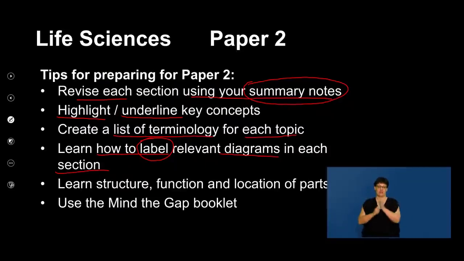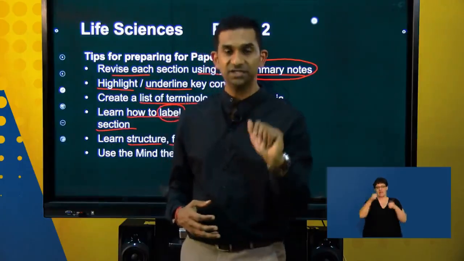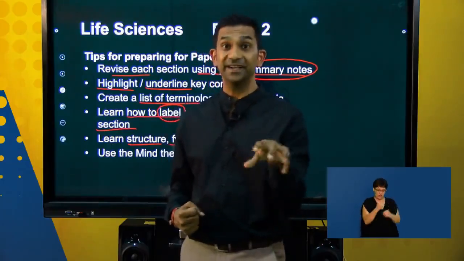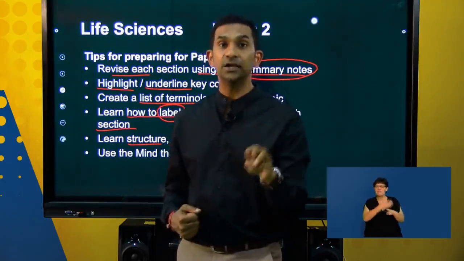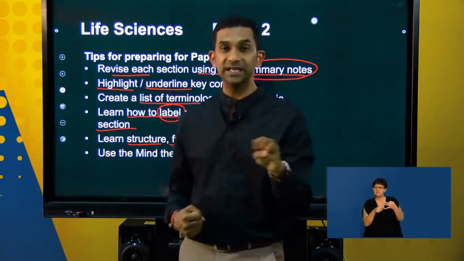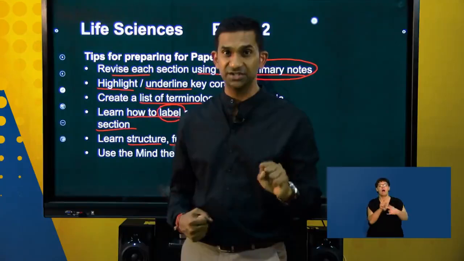In biology and in life sciences, we look at structure, function, and location. And that is what underpins the learning of concepts in life sciences. So identify a structure, identify its function, and look at how that relates to where its location is.